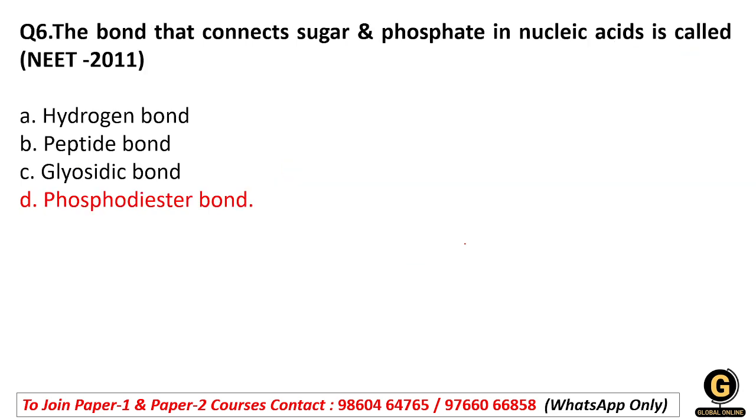Next, the bond that connects sugar and phosphate in nucleic acid is called dash. So the options are hydrogen bond, peptide bond, glycosidic bond and phosphodiester bond. So the right answer is phosphodiester bond because these bonds form the sugar phosphate backbone of DNA and RNA.